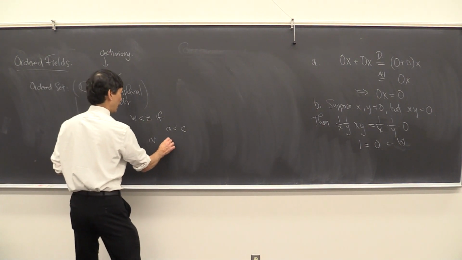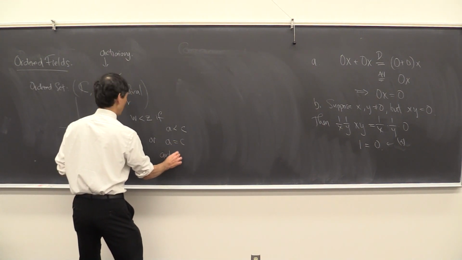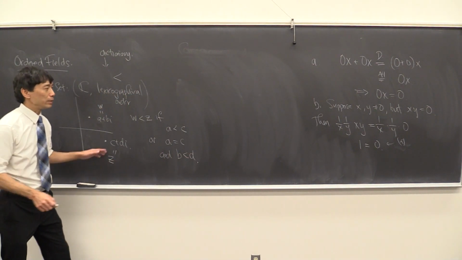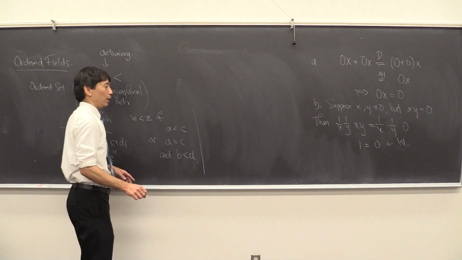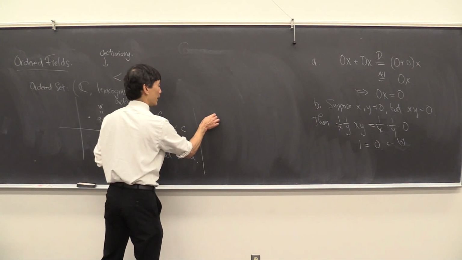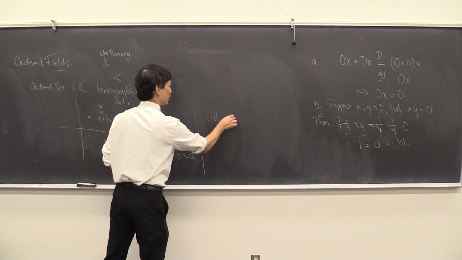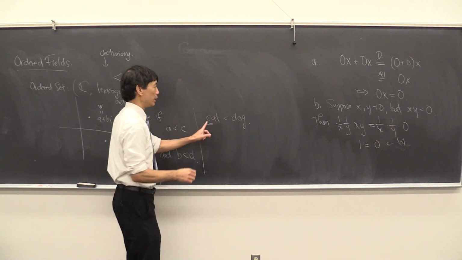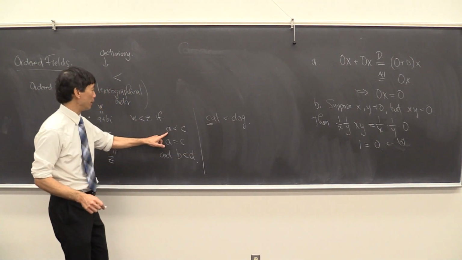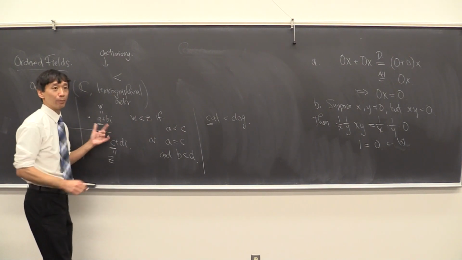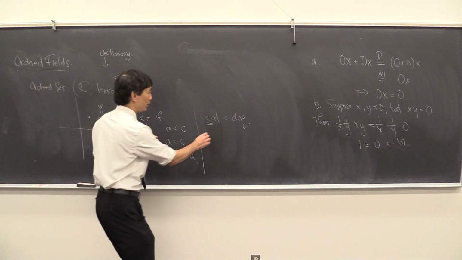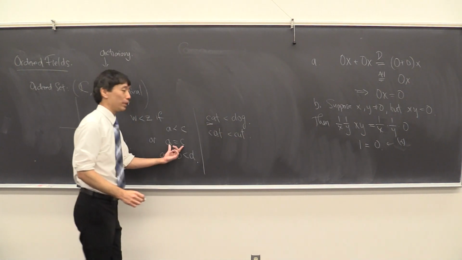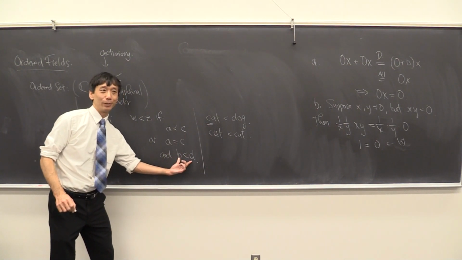Or a equals c and b is less than d. Okay, so all this is just like the dictionary, right? So cat, right, is less than dog, right? Because you look at the initial letter, you compare them, right? And if the initial letters are the same, you look at the second letter.